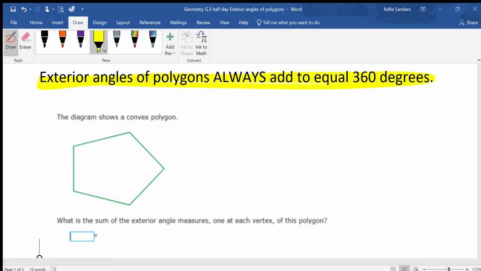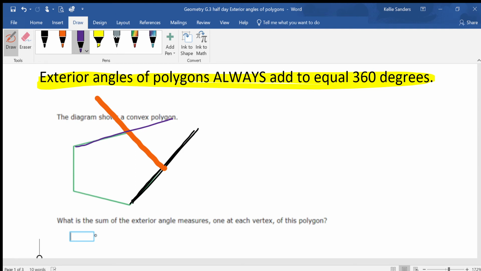this will not change. If you're talking about exterior angles of polygons, the exterior angles will always add up to be 360. Now, what am I talking about with exterior angles? If I expanded this side of this pentagon to the outside, then I expanded this one to the outside, and then extended this one to the outside, nope.